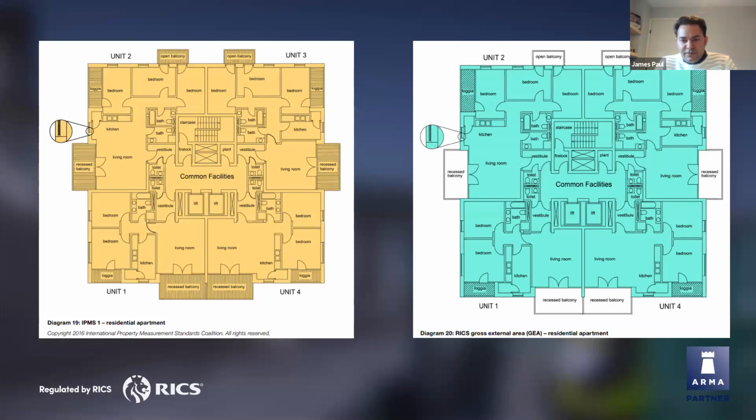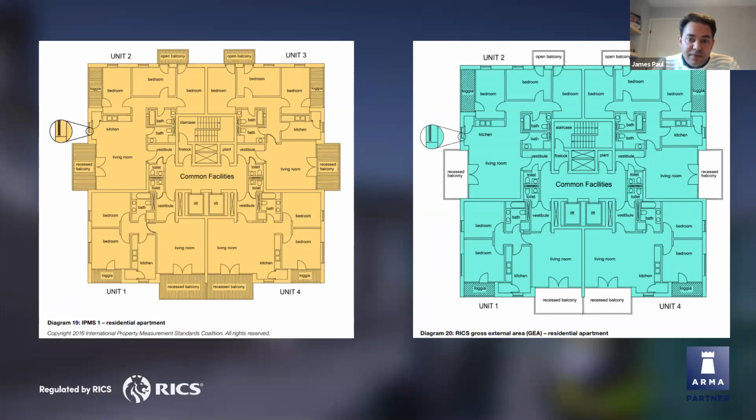Now, these two plan diagrams that you see in front of you now are essentially showing the difference between the IPMS1, or formal gross external area, in yellow, and the gross external floor area, which is its predecessor, in green on the right.